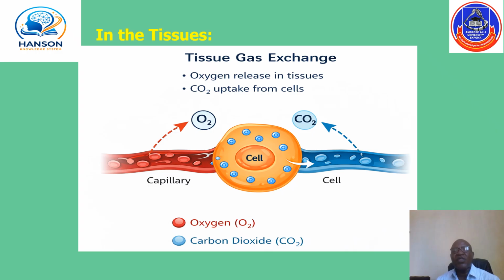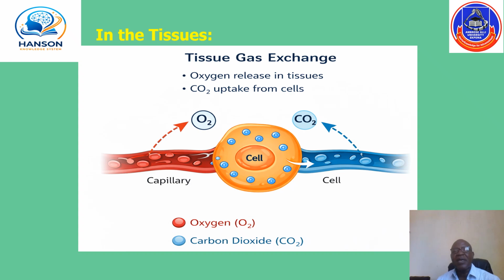Because the concentration of oxygen is higher in the blood than in the surrounding cells, oxygen diffuses out of the blood, passing through the capillary walls and enters the cell where it is used for metabolism and energy production.